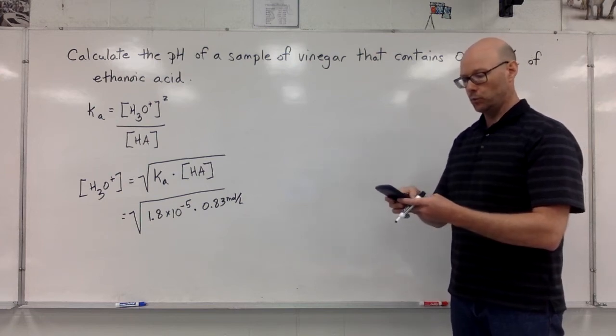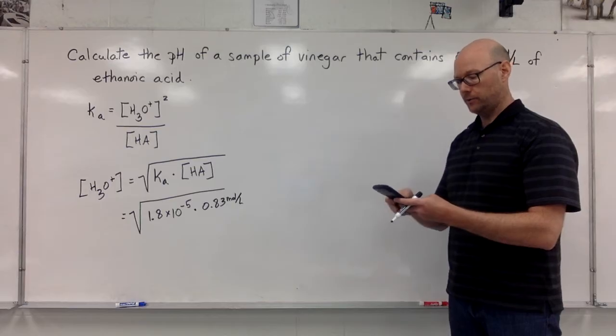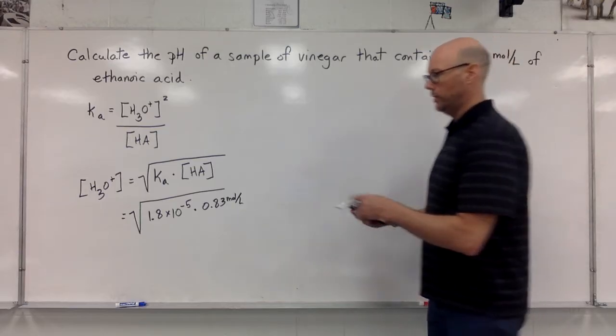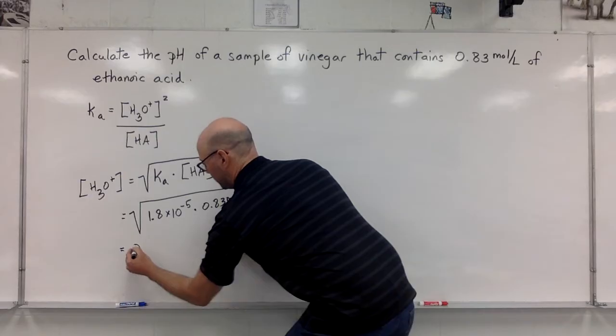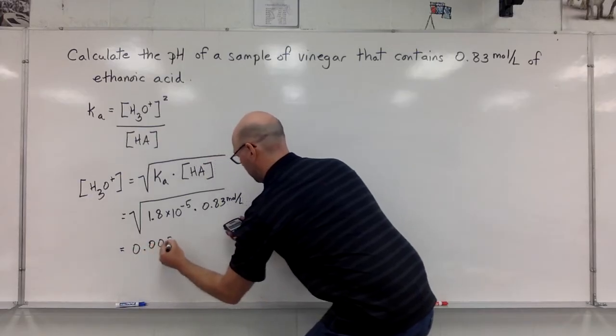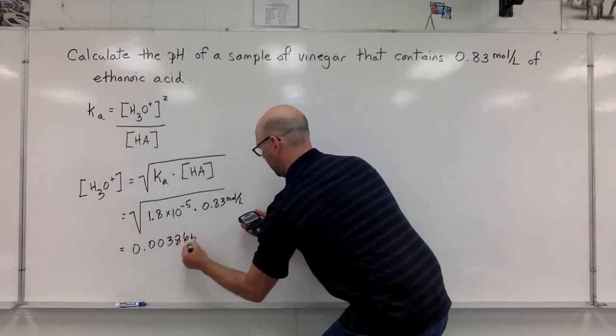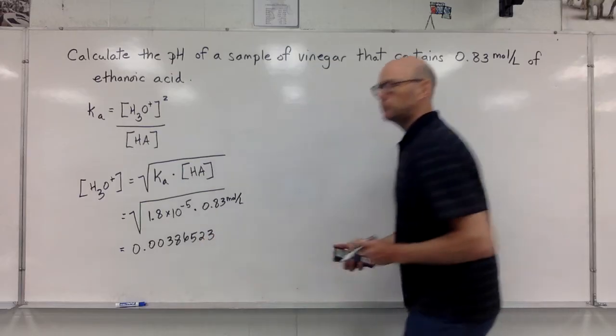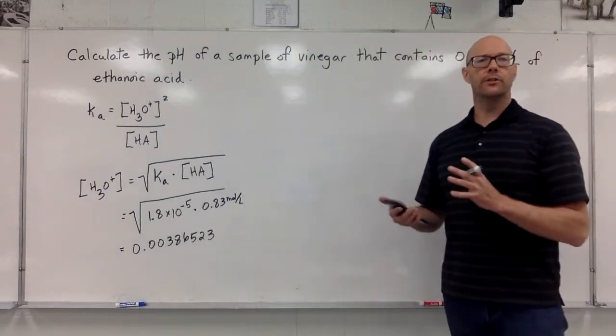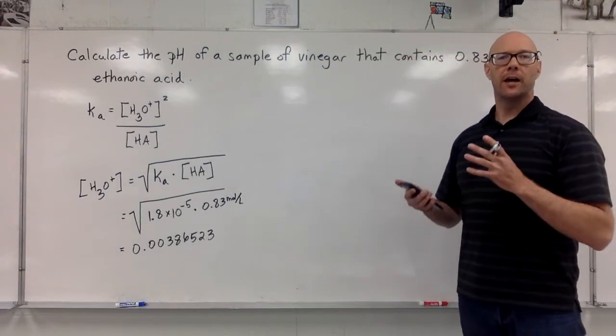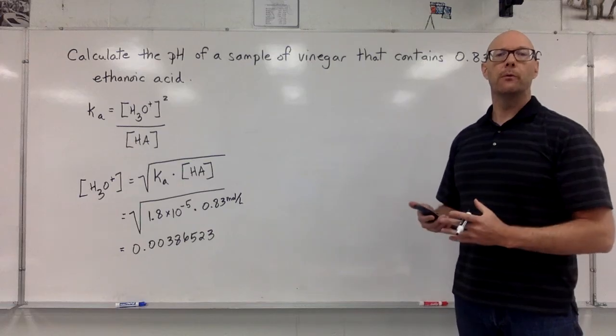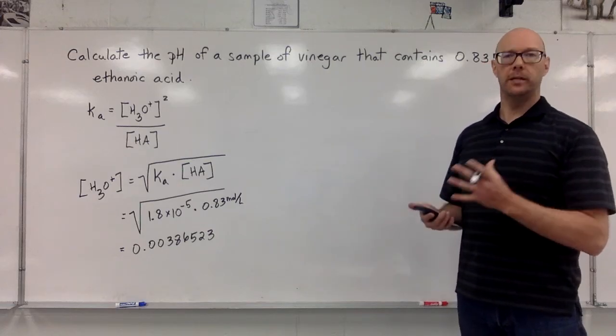We're going to take the root of that answer. We have 0.00386523. We have the concentration of the hydronium ions, which now we must convert into the pH.